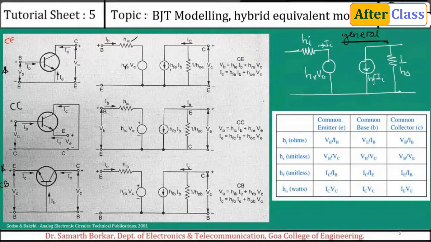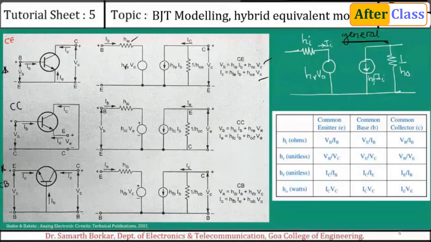See, HFE into the incoming current IB. So this is the product. This is the current gain, and this is the voltage transfer ratio. And this is the admittance. Admittance is the reciprocal of resistance. So here, though H naught is admittance, we are showing it as a resistance. So I have to use 1 by H naught. Okay. So I hope this is clear. HRE into VC. So this is correct.